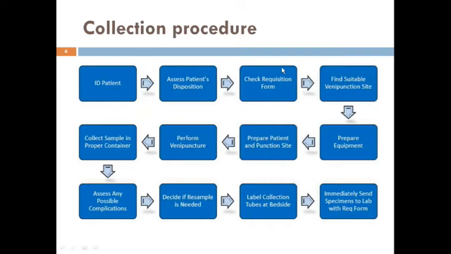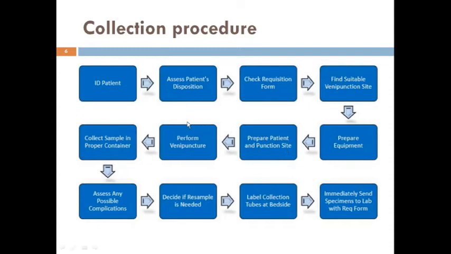After that, you find a suitable venipuncture site, like a different vein or artery. Then you prepare the equipment, the patient and the puncture site; you clean or disinfect the area where you collect the sample.